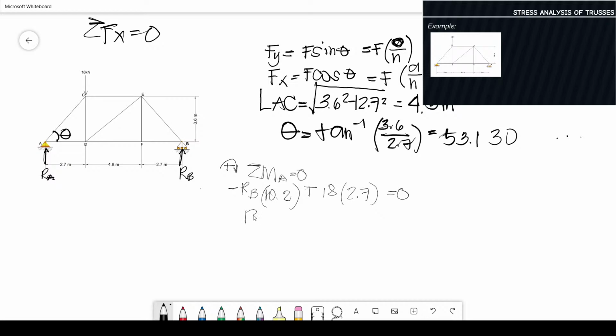So RB is actually equal to 18 times 2.7 over 10.2. Which is equal to 4.765.